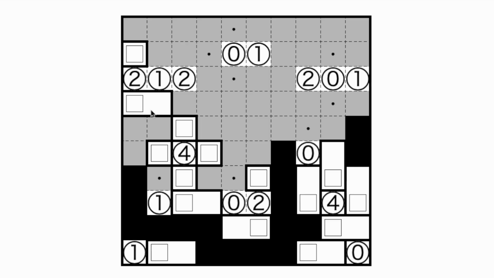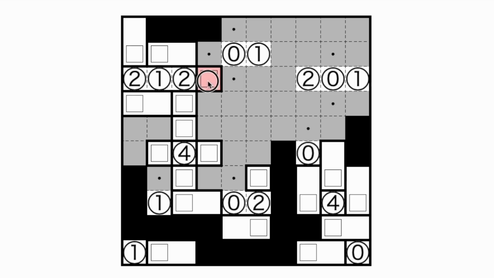This one clue needs a pillow still, so it's going to be that one. That makes this a bed that goes like this, and this bed has to touch a shaded cell. So that's shaded coming out this way. This bed goes horizontally, and now this 2 needs 2 pillows. This one's going to have to be horizontal. This already was going to have to be horizontal, but this bed needs to be touched by a shaded cell.